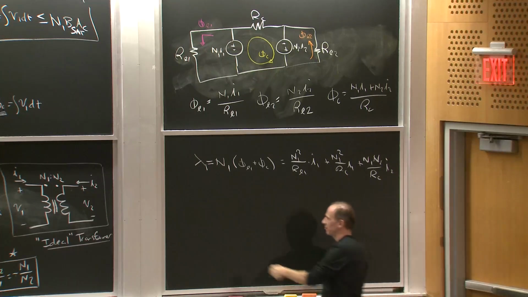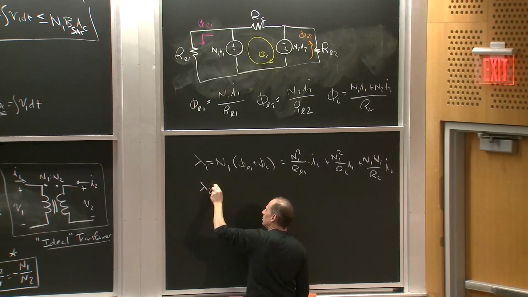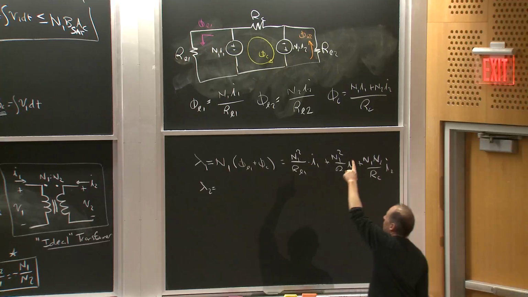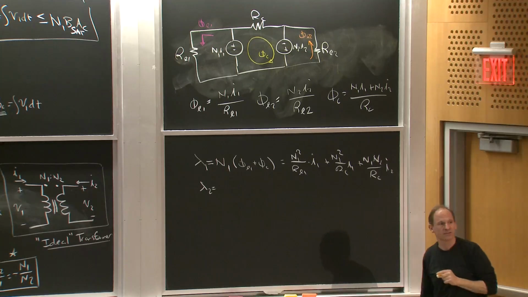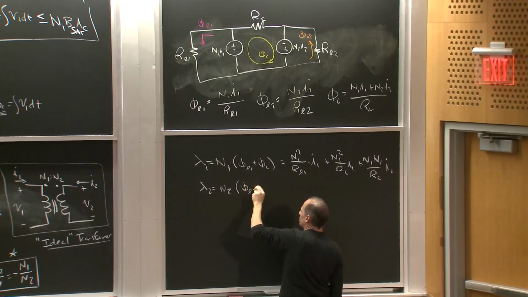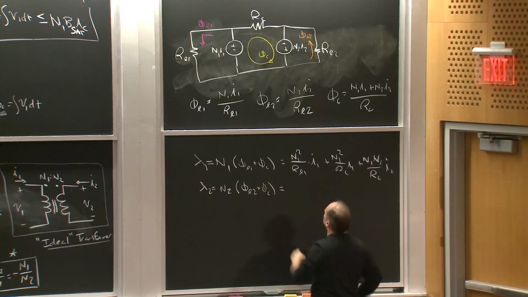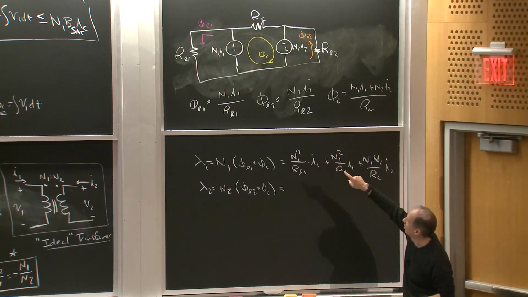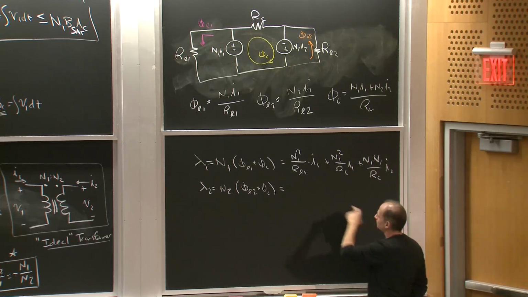Okay? Lambda 2, which is the flux linking the second MMF source, is equal to N2 times phi leakage 2 plus phi core, right? It's the same story all over again. And I'll just substitute in my values here.